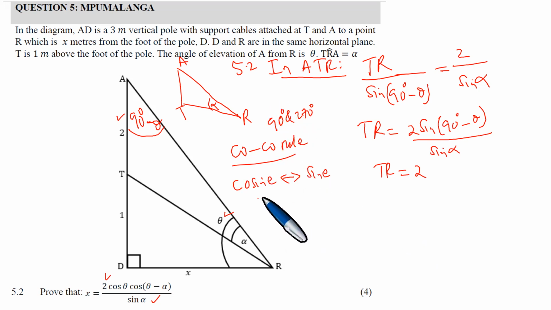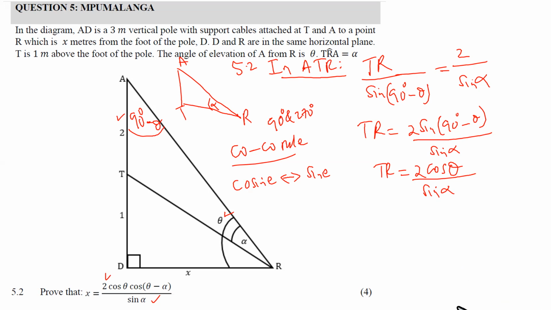If you have the cosine, you remove the co, and it becomes the sine. But if you have the sine, you put on the co, it becomes cosine. Here, having the sine, we put on the co, it becomes the cosine of the angle theta. We divide everything by the sine of alpha. This is what we've got right now.